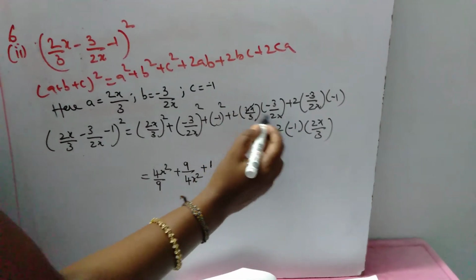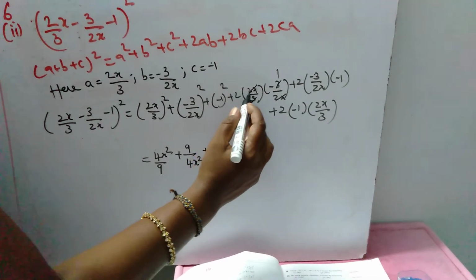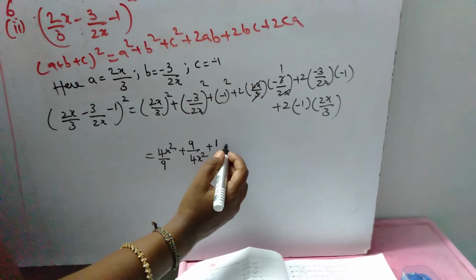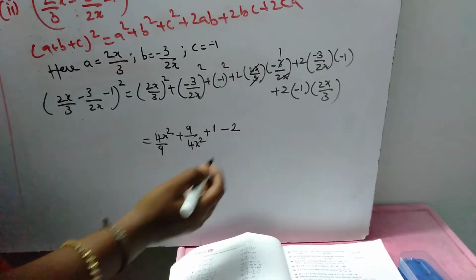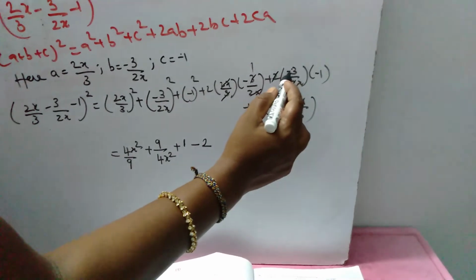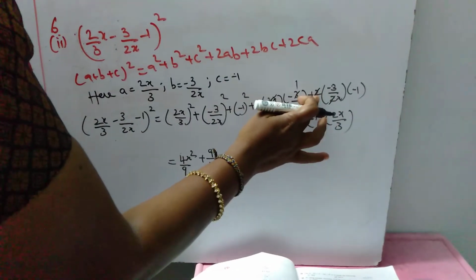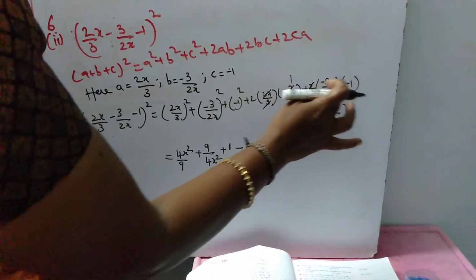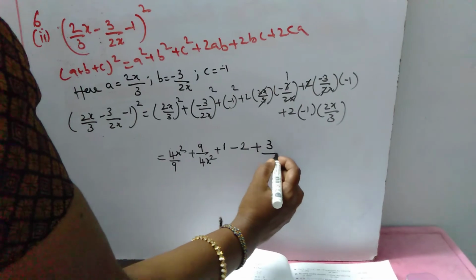Then here 2x will get cancelled, 3 will get cancelled, so 1 here, so plus into minus, minus 2 into 1 is 2 here. So the next one 2 will get cancelled, so what will be left? Minus into minus will become plus, 3 into 1, so plus 3 by x.